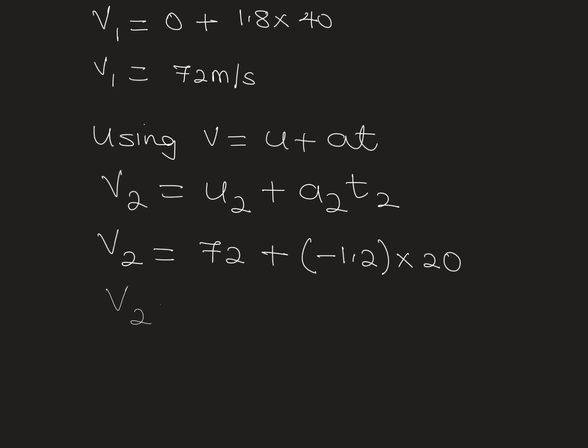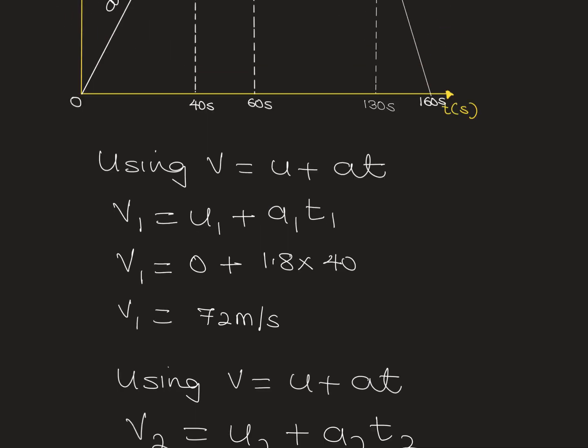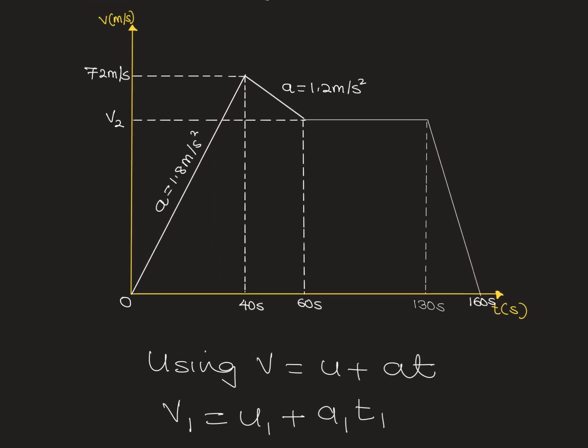So V2 is equal to 72 plus minus 1.2 times 20, that will be 48 meters per second. Okay, so which means the final velocity for the second phase of the motion is 48 meters per second.